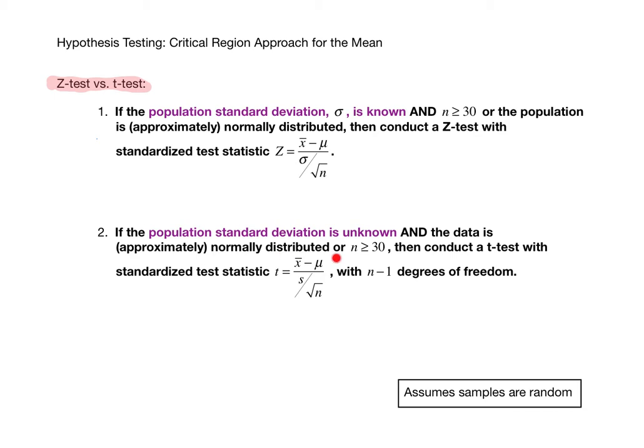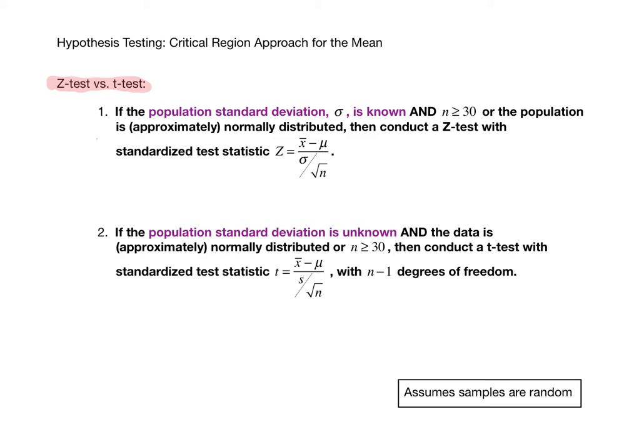This is, again, the exact same conditions under which we use t sub c as the critical value in the margin of error computation with confidence intervals. So if these conditions are met, then we conduct the t-test, which has a standardized test statistic of t equals x bar minus mu, that quantity, over the ratio of the sample standard deviation to the square root of the sample size, with, of course, n minus 1 degrees of freedom. This parallels exactly what we did with our confidence interval computations.